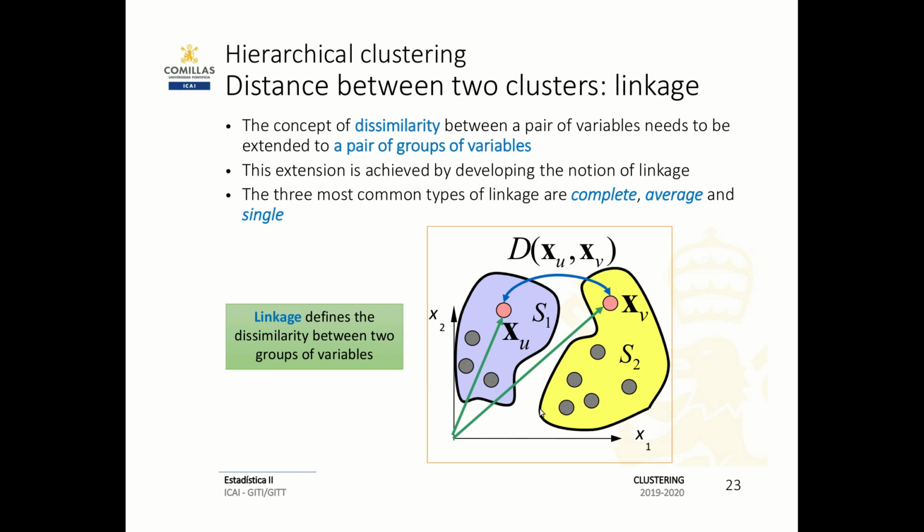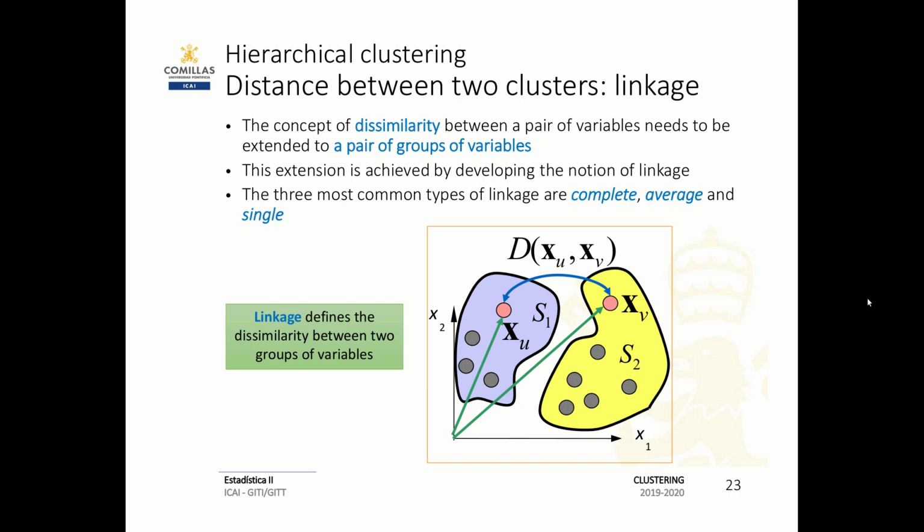So this would be the distance defined by the single linkage. This would be the distance defined by the complete linkage. And then we can also compute the average. So we can take all possible pairs between points of this group and points in this group, compute the distance between those pairs, and then compute the average.